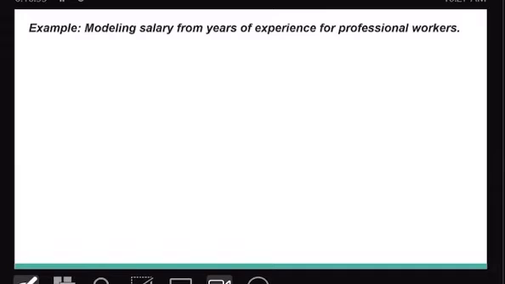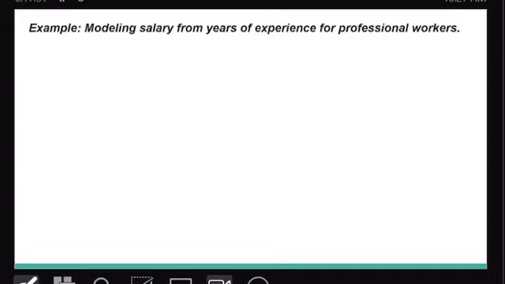Now, I want you to pay attention. I want to cite an example. We want to model salary from years of experience for professional workers. We're now looking at the variables to use. What is problematic to a model is when you want to work on something, but you did not specify your model accurately. Now this is what I want to do.